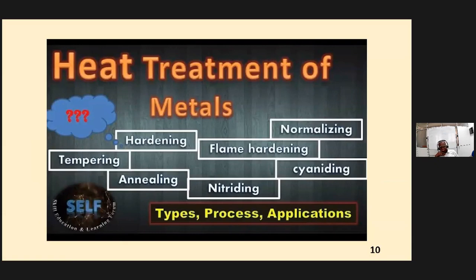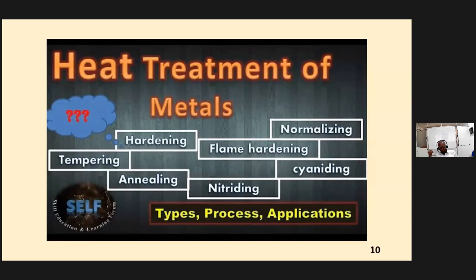During heat treatment, we utilize some carbon particles for a mixture of metal. And another thing, for treatment we utilize different types of chemicals. That also we have: nitriding, cyaniding. So we utilize some chemicals for obtaining the ideal level of hardness.